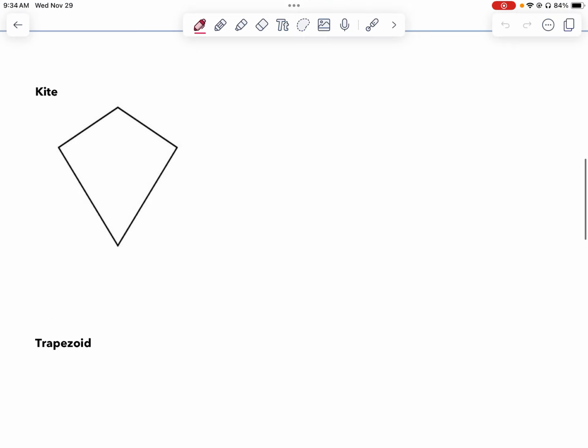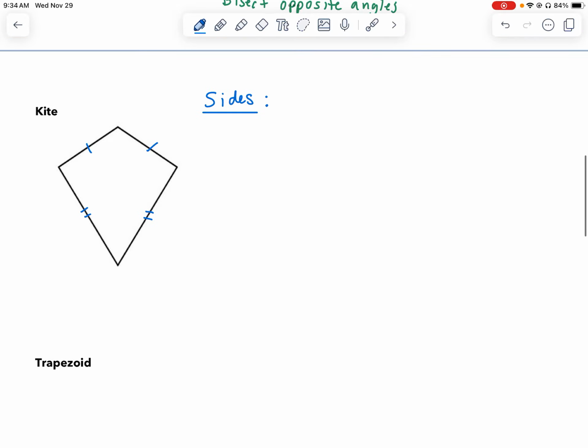So for a kite, looking at our properties, the thing that we are given about a kite from the definition is related to the sides. You can really see it in a visual of a kite: you have two pairs of congruent sides, but it's not the opposite sides that are congruent here. It is the consecutive sides, the sides that are next to each other.